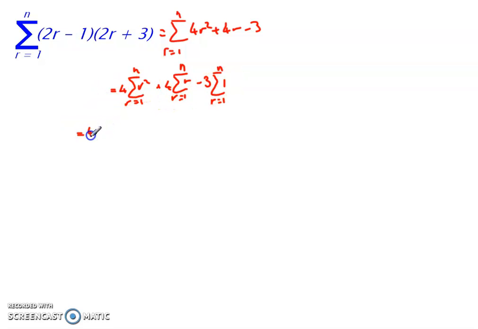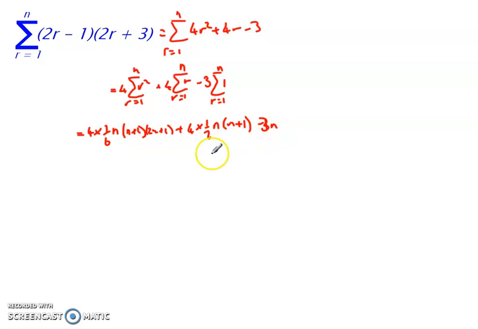So that's going to be 4 times 1/6 n bracket n plus 1, 2n plus 1 for the first term, plus 4 times 1/2 n bracket n plus 1 for the second term for the r, and then minus 3n for the final term.